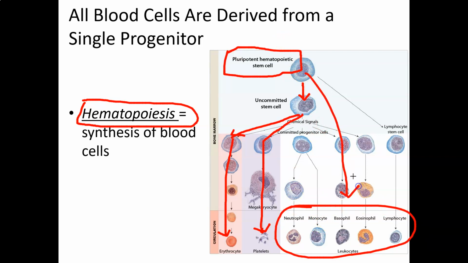Okay, so we're not going to worry too much about all of the nitty-gritty details in these, but we'll talk about the general overview and some of the different aspects of it. But the key cell, again, is this stem cell that's called a pluripotent hematopoietic stem cell. And this is the one that's going to be responsible for making all of our other blood cells.